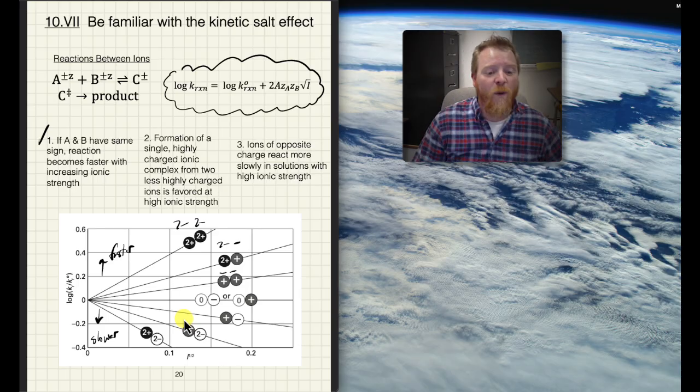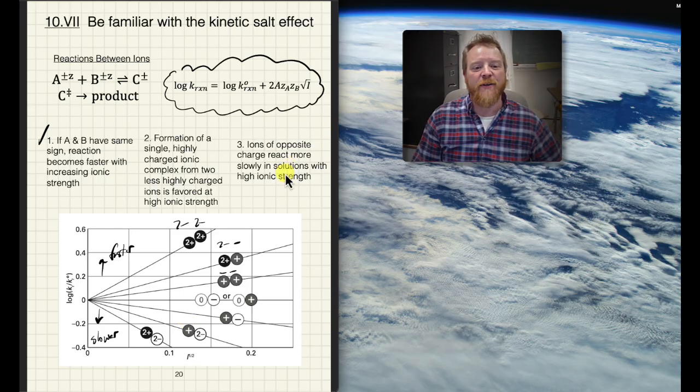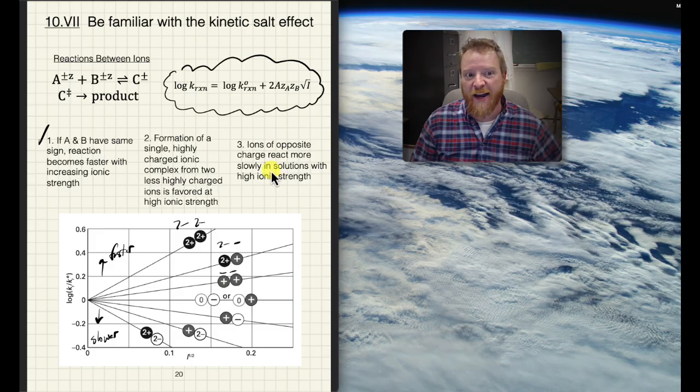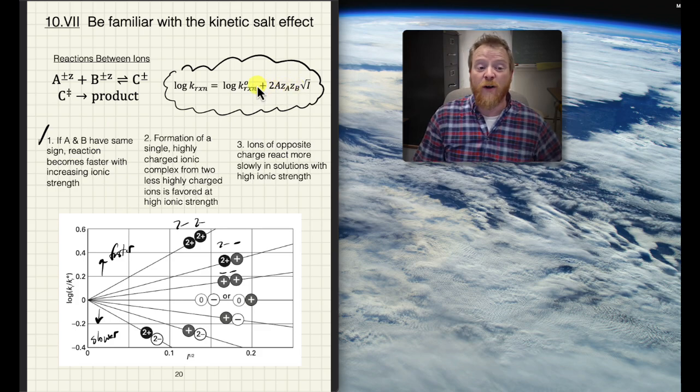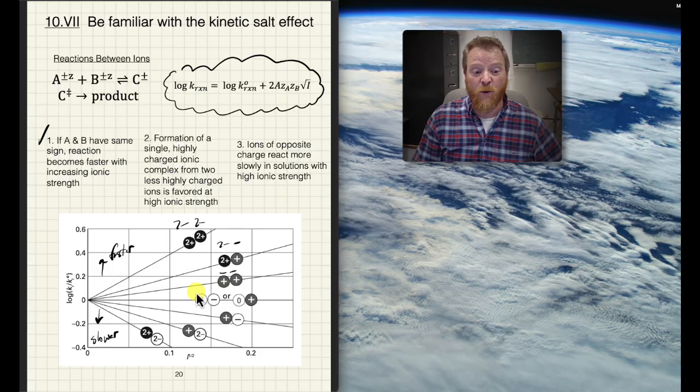And now, as you might imagine, ions of opposite charge react more slowly in solutions with high ionic strength. That's because if now we've got a positive times a negative, this value gives me a negative, and overall that will slow down the rate constant according to the math.